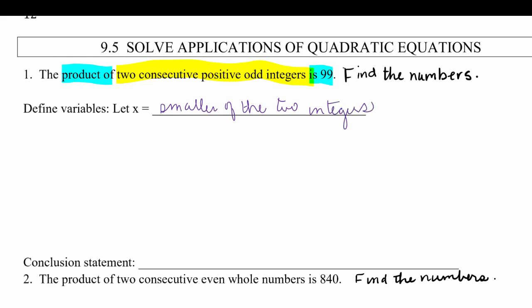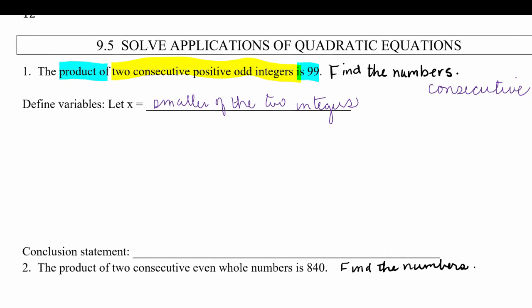All right. And so then we need to think about what it means to have two consecutive odd integers. Consecutive means that they're one right after the other, right? And if they're consecutive odd integers, then here are some pairs: 1 and 3, and 3 and 5, and 5 and 7.